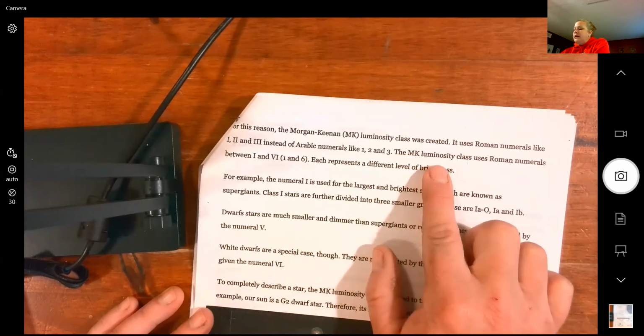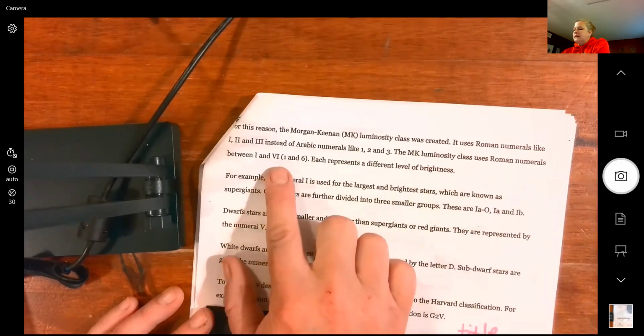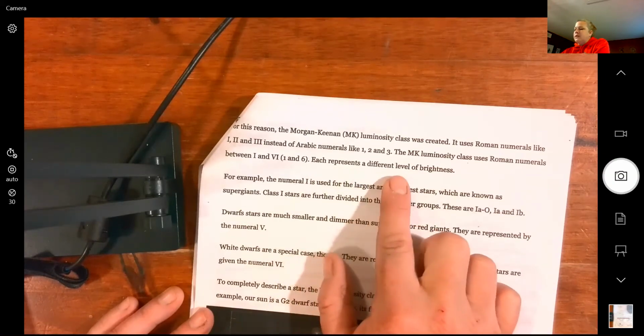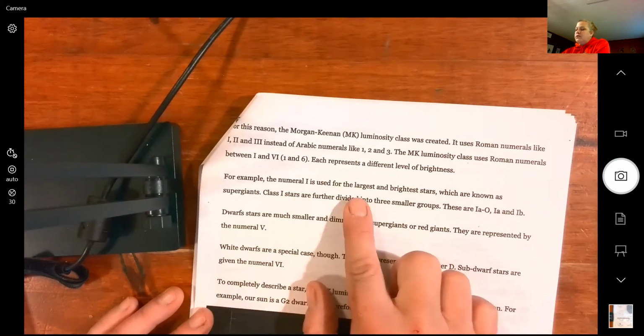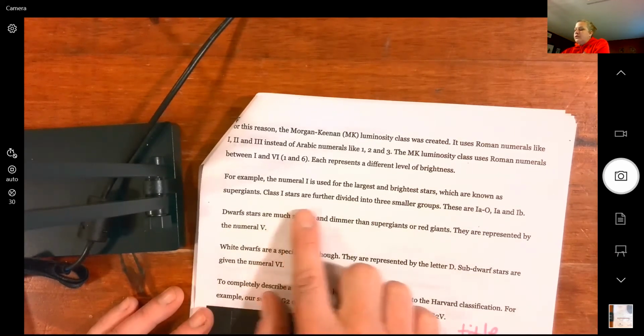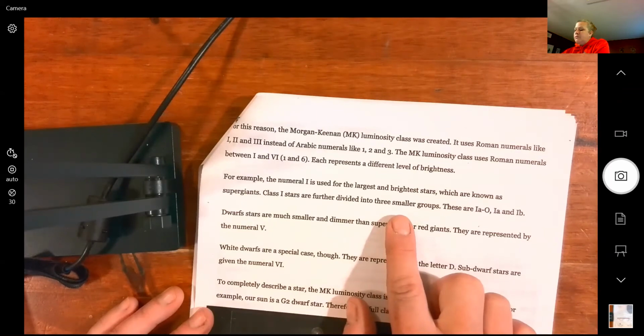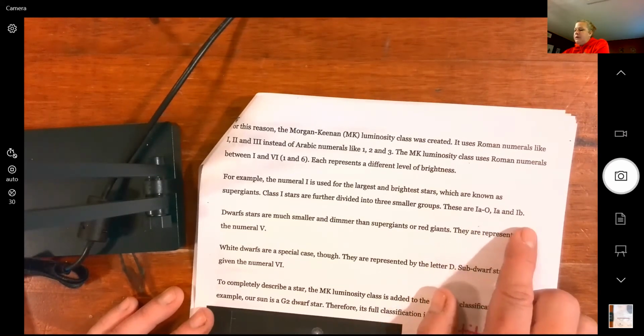The MK class uses Roman numerals between I and VI. Each represents a different level of brightness, for example, the number I is used for the largest and brightest stars, which are known as supergiants. Class I stars are further divided into 3 smaller groups. There's Ia, Ia, and Ib.